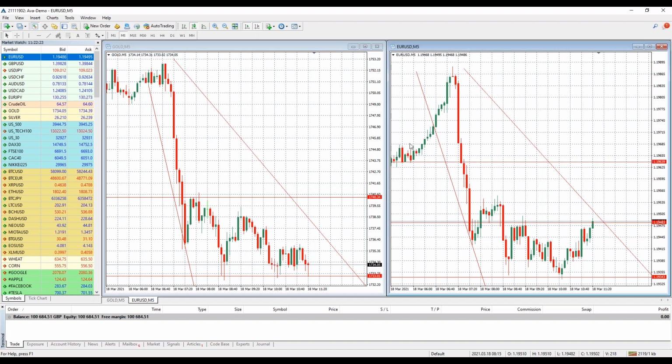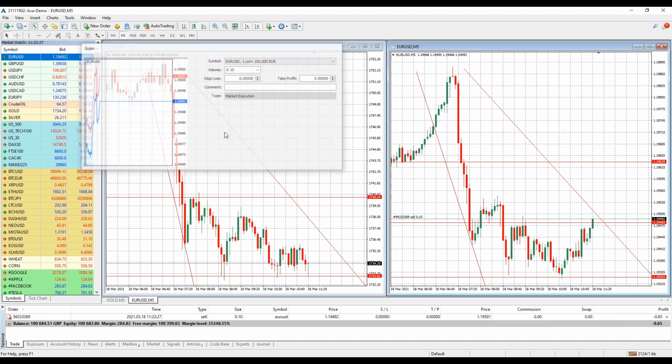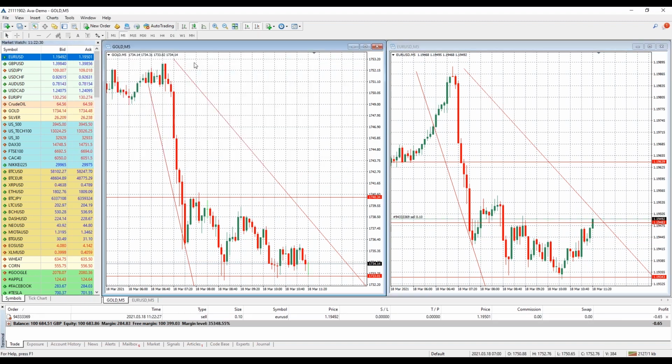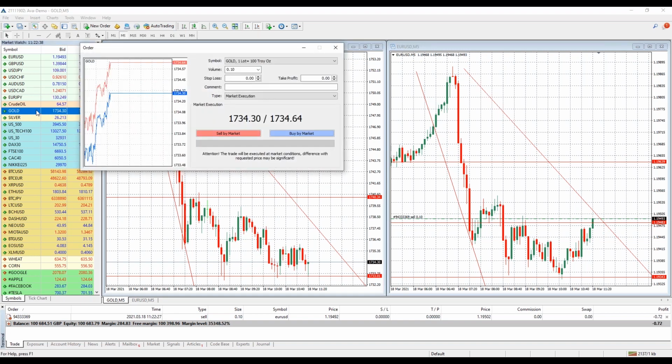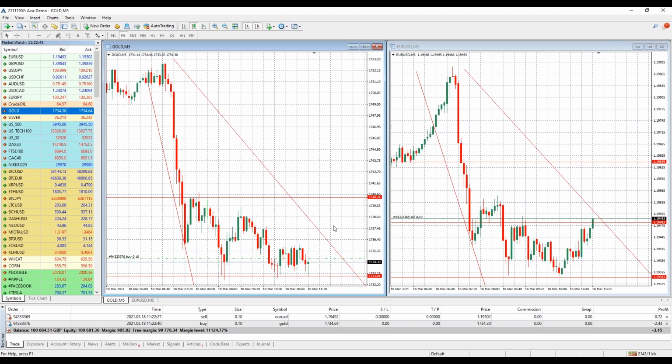But I could envision a situation where I say, okay, I'm going to sell on the euro and I'm going to buy on gold. Where's my gold? Okay. I'm going to buy on gold and I'll put my stop loss for gold below the support level here.